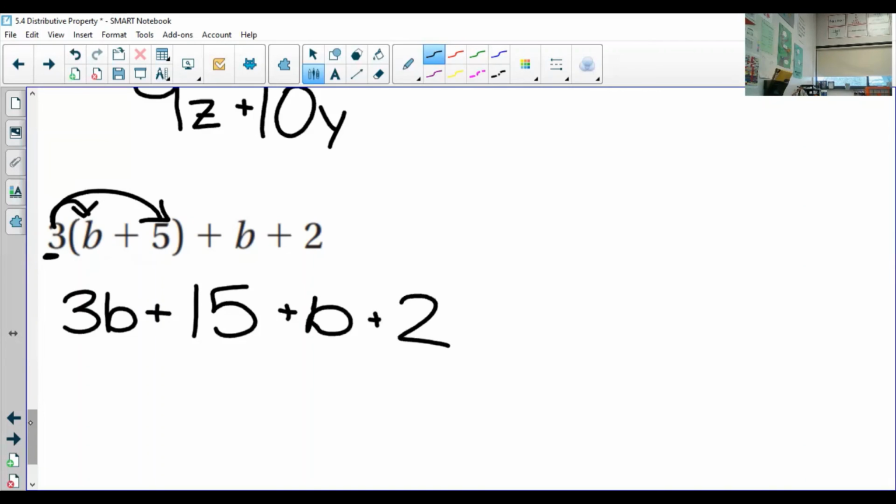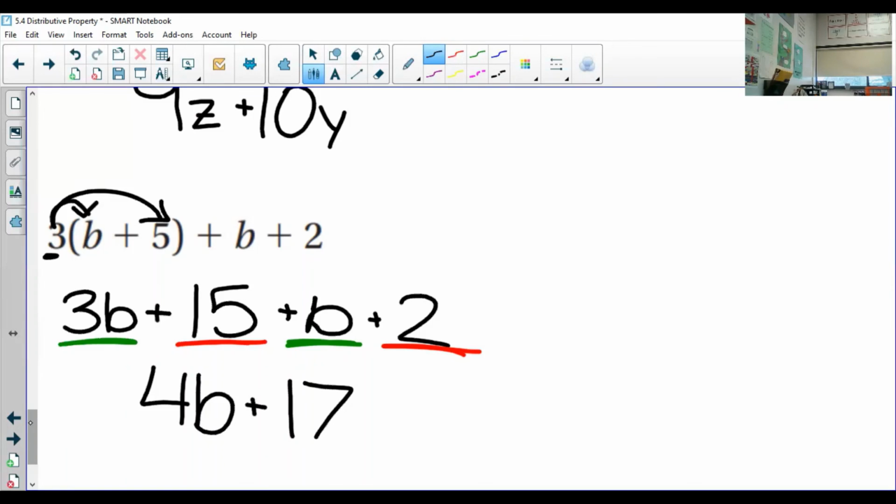Okay, what do we have that's common here? Well, the 15 and the 2 have no variables, so they'll go together, and the 3b and the b both have a b. So my final answer would be 4b plus 17. And I can't make it any smaller, so that's it.